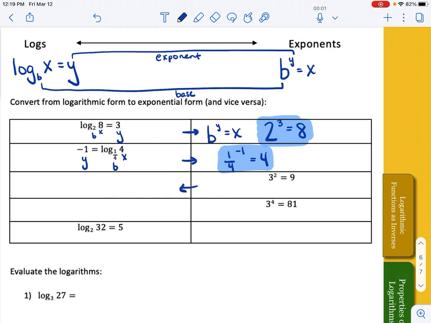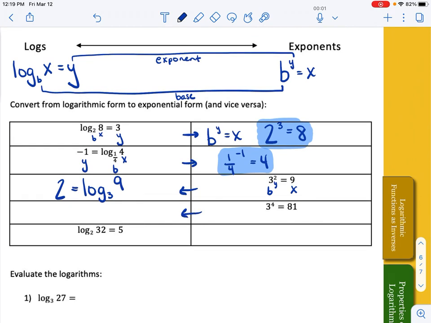Okay? Now we can also work backwards. We can put this exponent into logarithmic form. So we have b, we have y, we have x. Just plug it in. We have 2, is equal to log base 3 of 9.